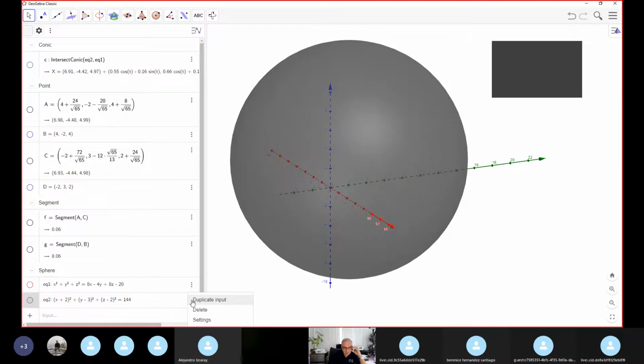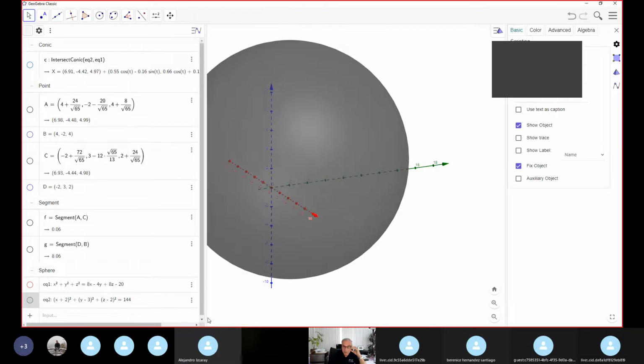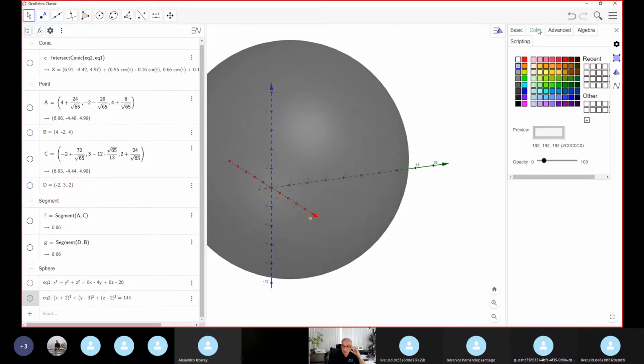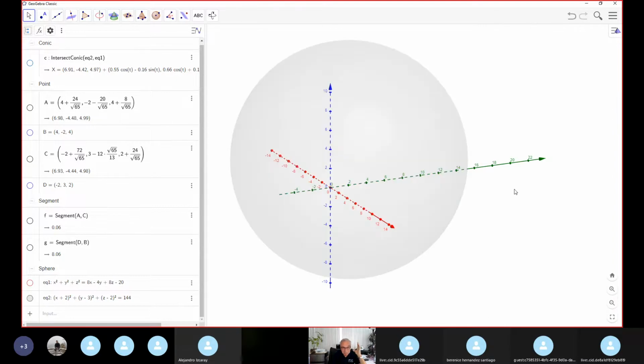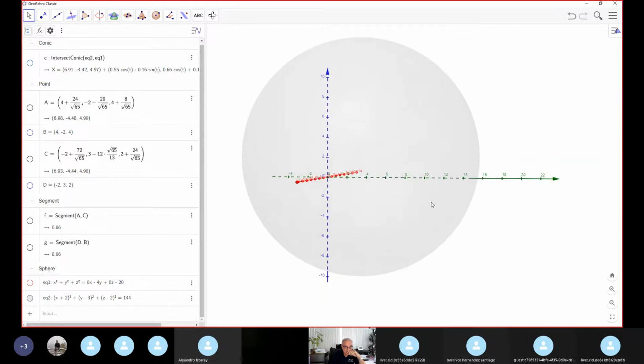You click here and you go to the settings. In the settings, you can adjust the transparency or opacity. Here you graduate the opacity. In this case, I put the opacity small because I want to see inside the big sphere.